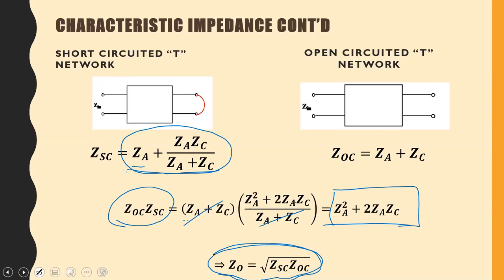And so this is true for all T networks, if you're finding the characteristic impedance.